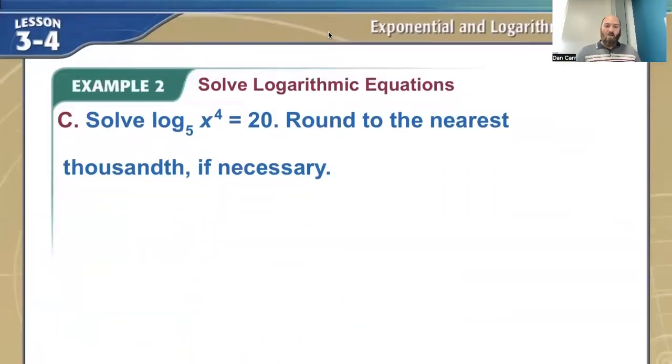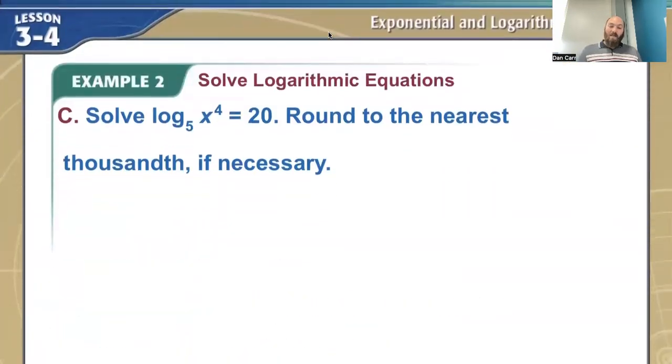So solve log base 5 of x to the 4th equals 20. Now, because I have x to the 4th here, I'm going to suggest that we turn this into exponential form. Because what happens is we're going to do the 4th root property, and we're going to have a plus or minus answer in this case. So because of that, I'm going to rewrite this as x to the 4th is equal to 5 to the 20th power.